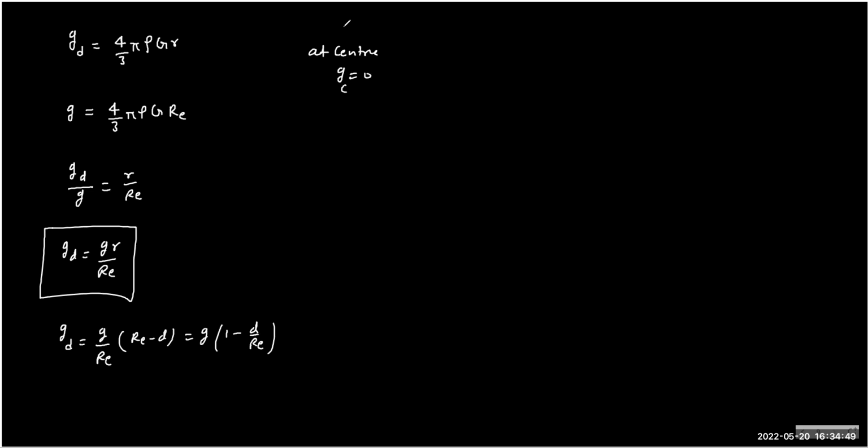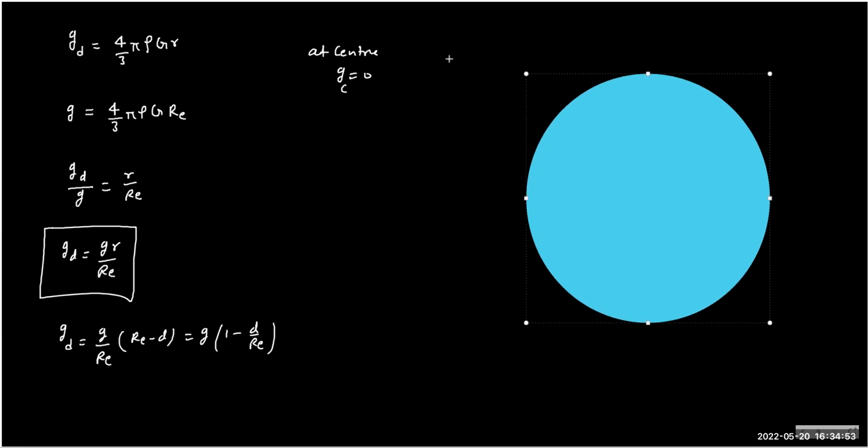So if I draw the Earth, and if you make a hole along a diameter, this is the hole you're making. So at center, if you have a ball, it cannot move because there is no g.